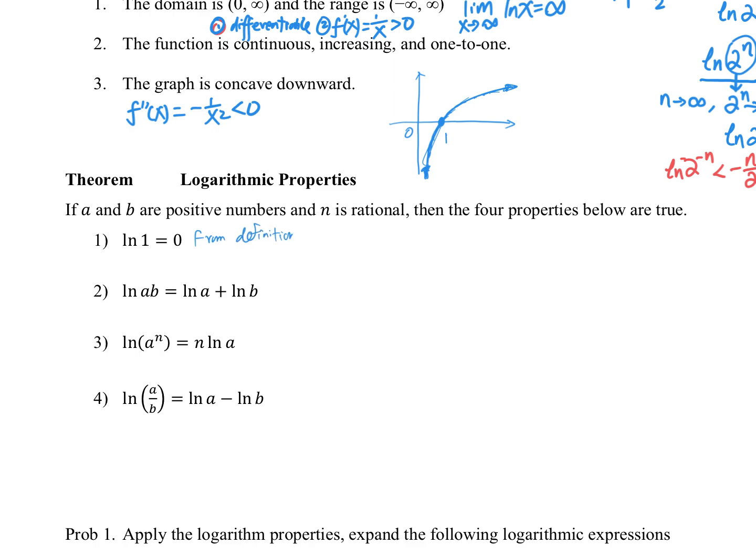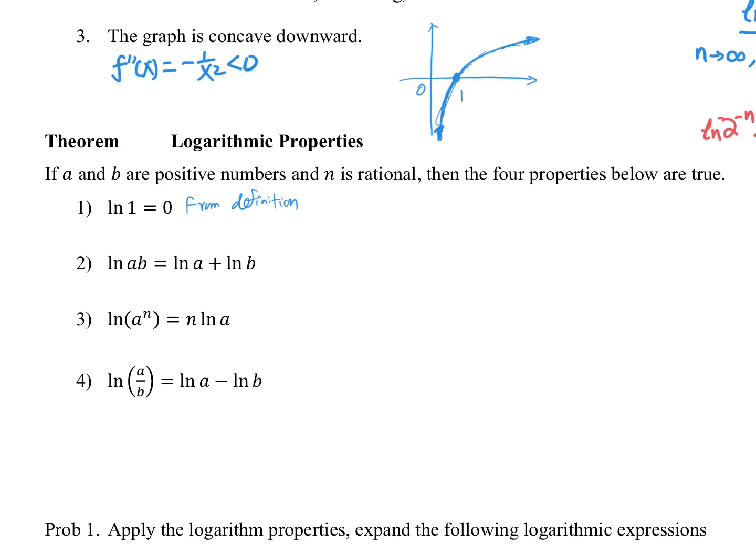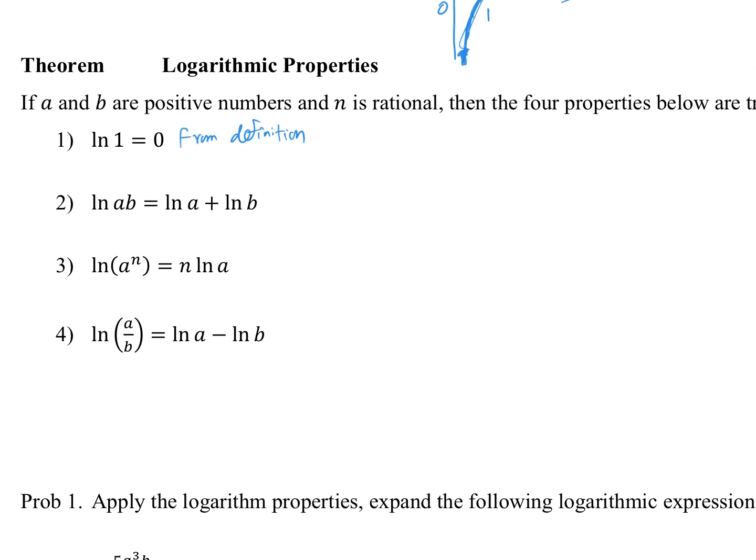And the second property is ln of the product AB is equal to the sum of ln A and ln B. There are direct and indirect proofs of this property. Let's take a look at one approach. Here I'm going to start with the left-hand side, ln of AB.